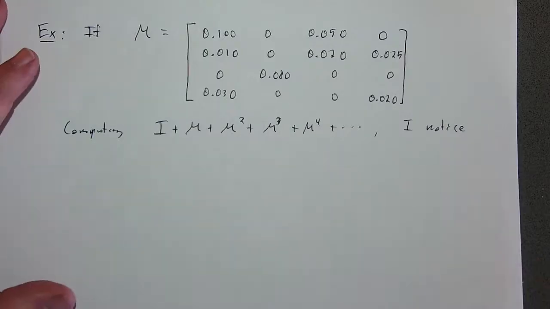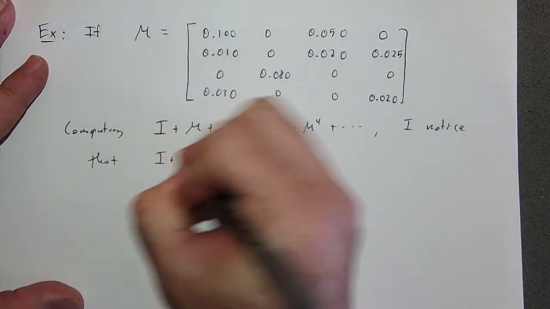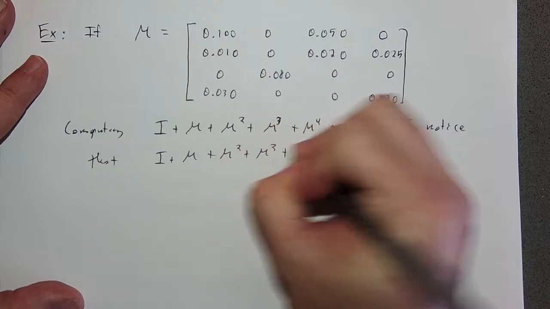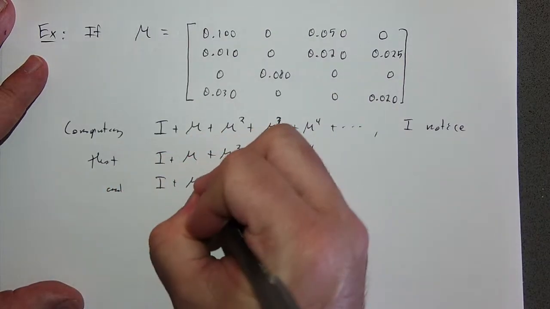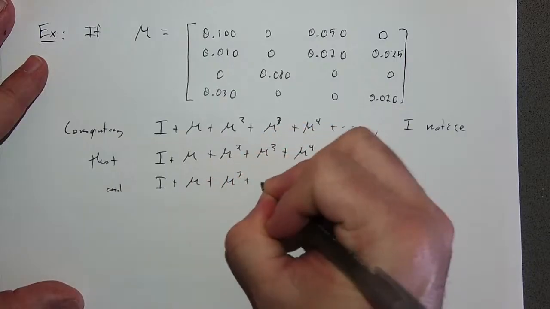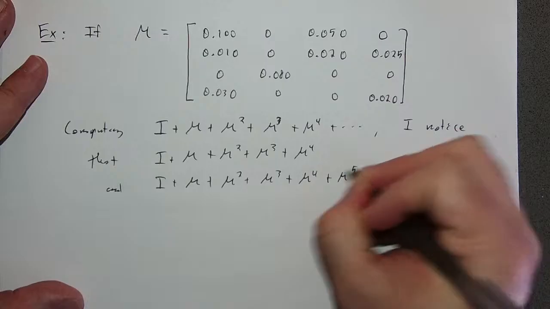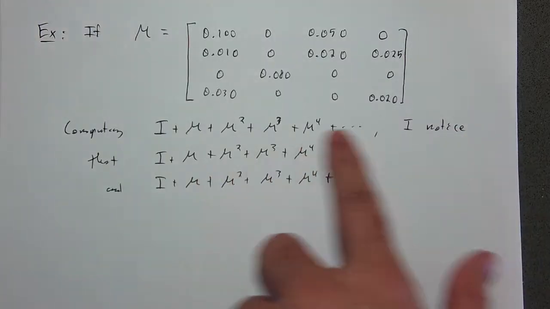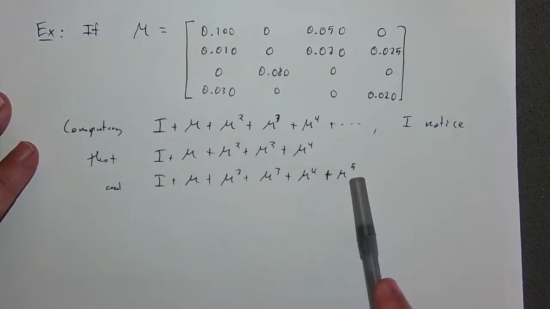But I noticed that I plus M squared plus M cubed plus M to the fourth, and this same quantity, except I've also done one more step here. So here I've truncated this infinite sum to this fourth power here, to this fifth power.